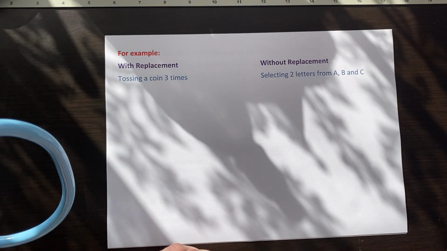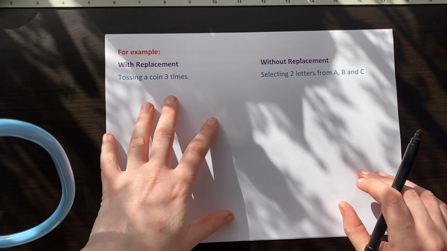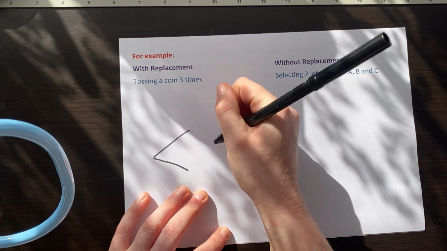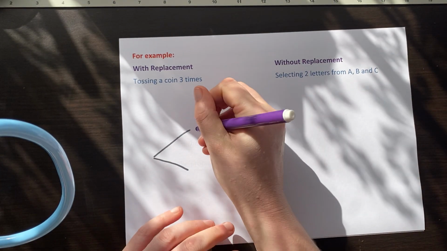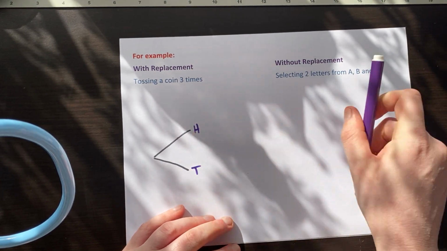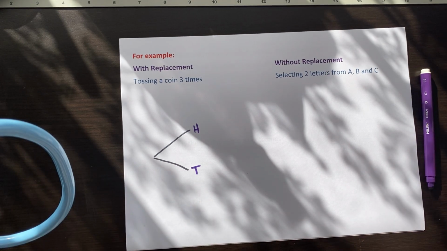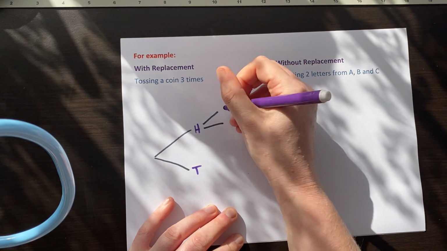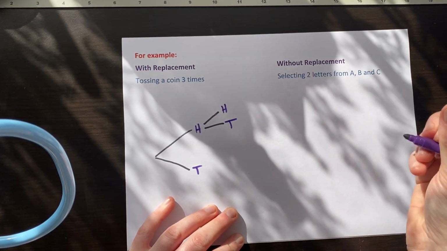For example, we are going to come across 2 things. Let's say we toss a coin 3 times, a bit like what I've just done before. I'm going to use a different colour here. Go heads and tails, so there's your 2 when you toss your coin the first time. Then you could go again.